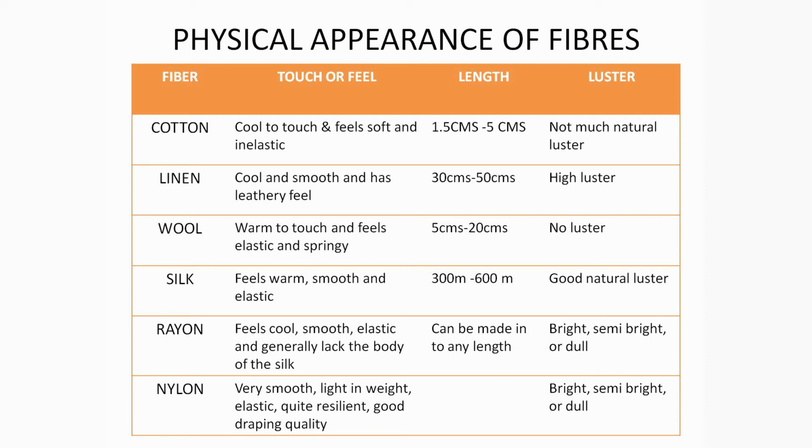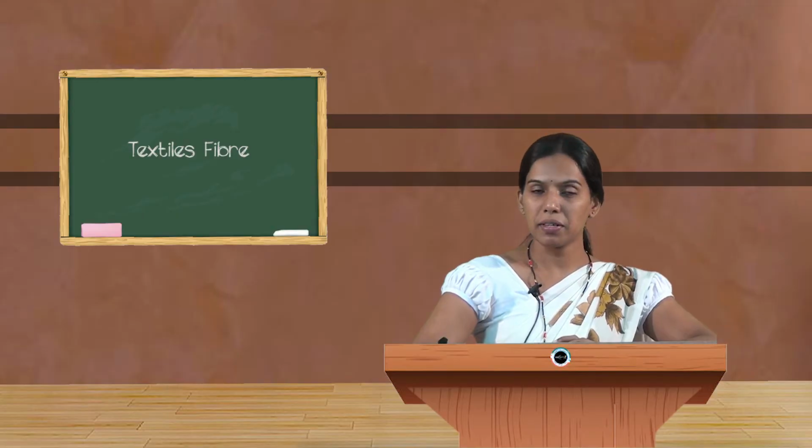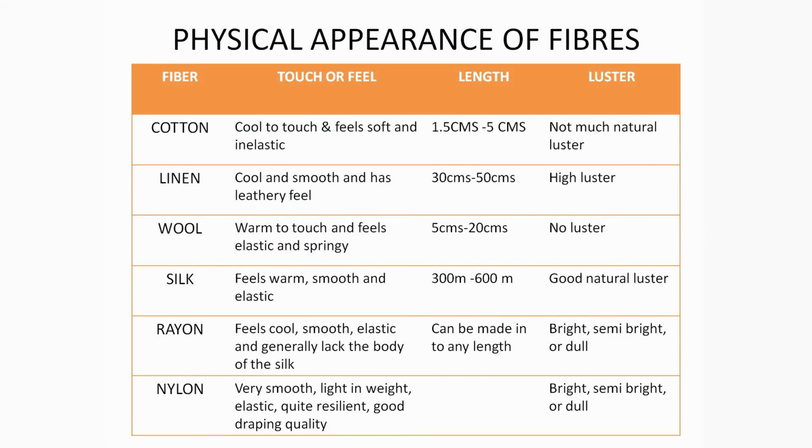Wool is warm to touch and feels elastic and springy. Wool is the only fiber having a natural crimp, and it is elastic in nature. The length of the wool fiber is about 5 centimeters to 20 centimeters. And wool fiber has no luster.